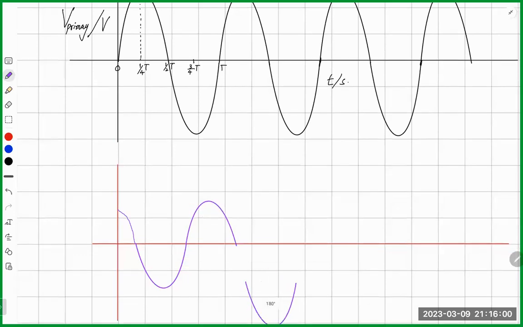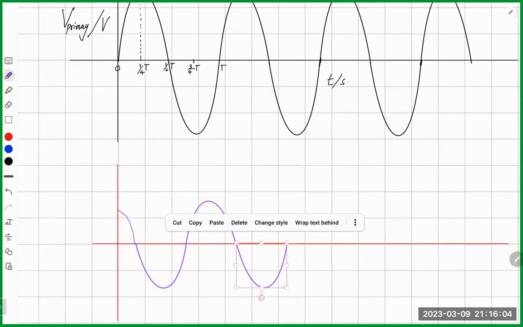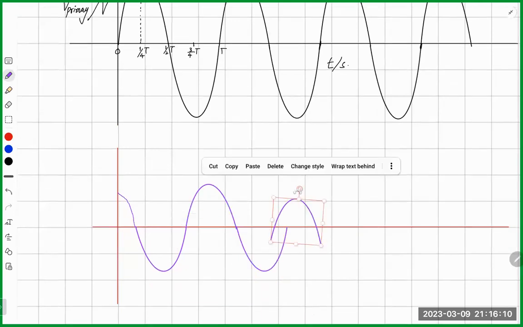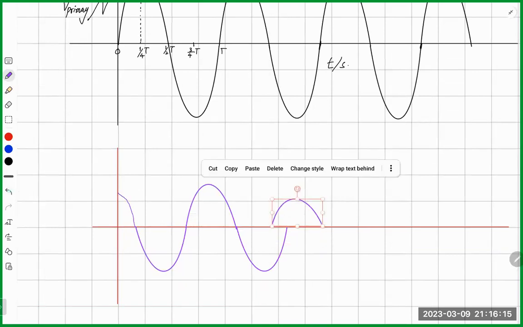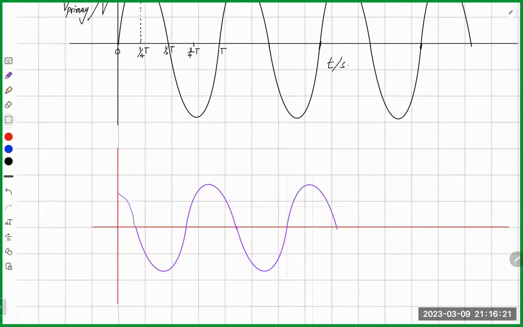And output voltage, as you can clearly see, is not synchronized with input voltage. Look, output voltage is not in phase with the input voltage. Output voltage is 90-degree out of phase.